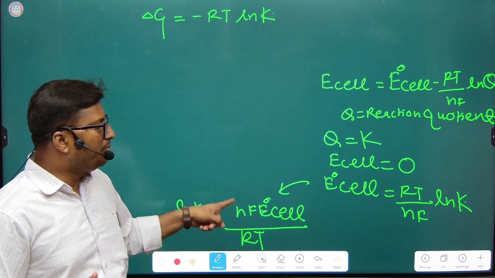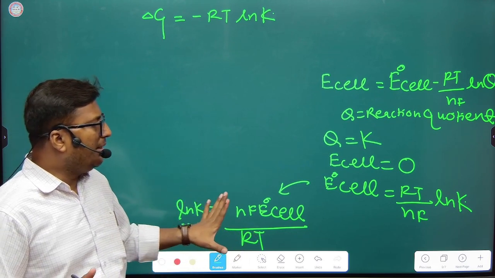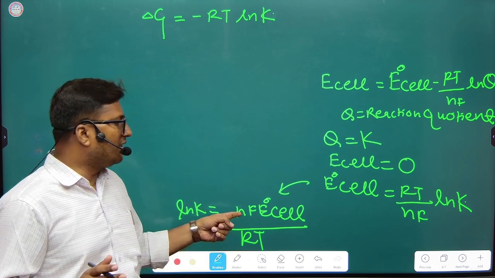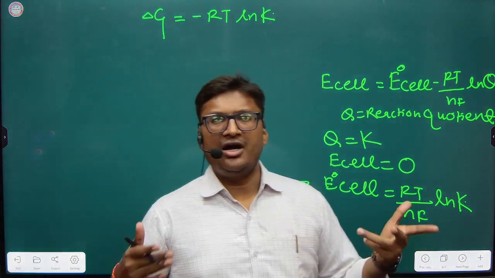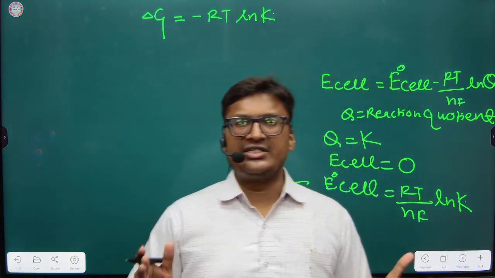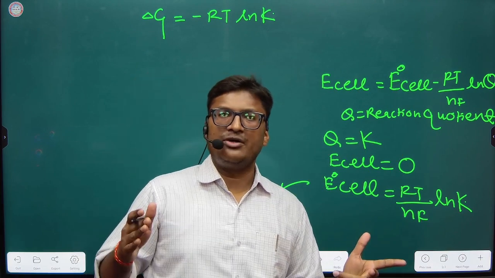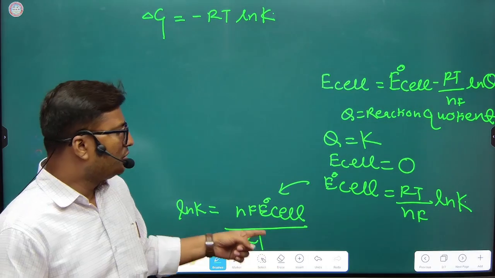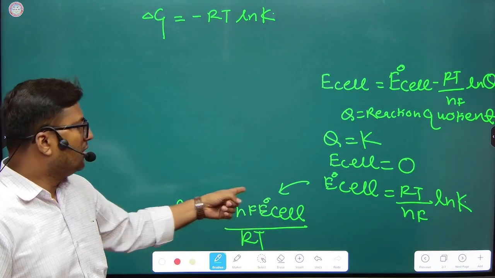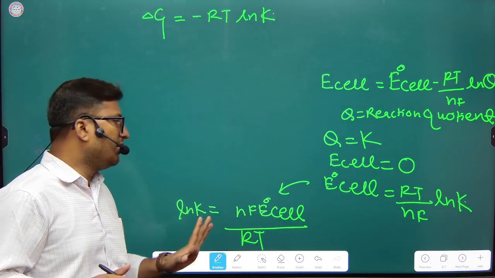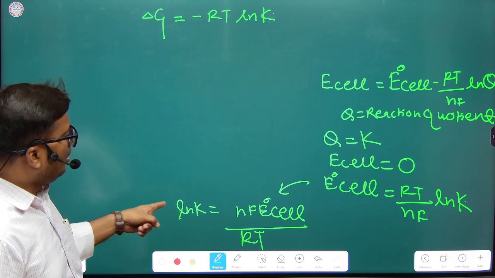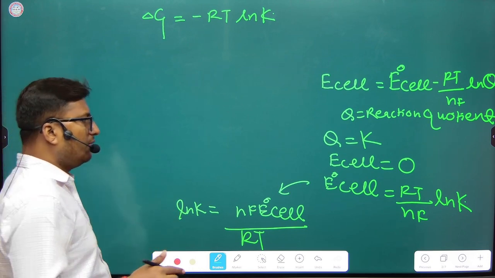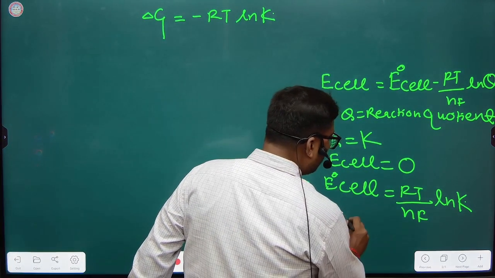So if we put the values of these parameters in this expression, along with E naught cell, the standard cell potential measured by the voltmeter, we can get ln K. And ultimately by taking the antilog, we can find the equilibrium constant.